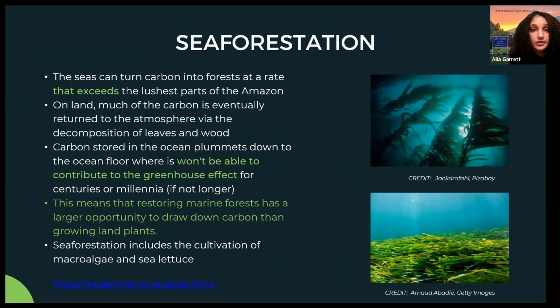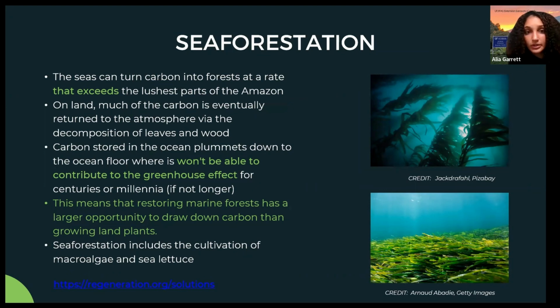Seaforestation. The seas can turn carbon into forests at a rate that exceeds the luscious parts of the Amazon. When I found this out, I was very pleasantly surprised. On land, much of the carbon is eventually returned to the atmosphere via the decomposition of leaves and wood. So when a tree dies, it just falls on the ground and releases that carbon again.